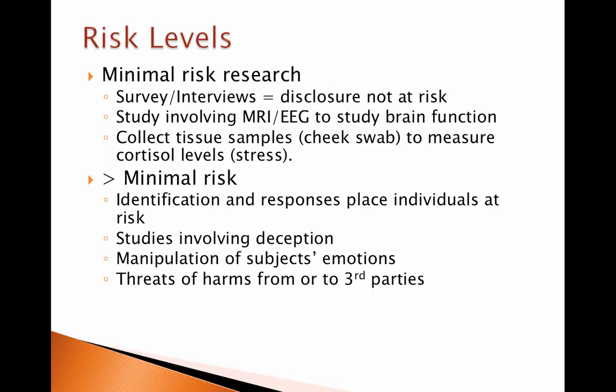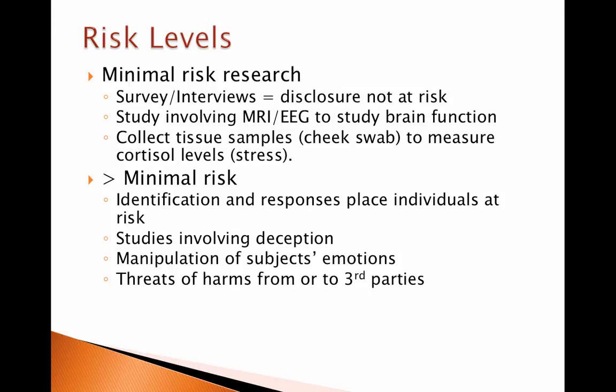Examples of minimal risk research include surveys and interviews in which any disclosure does not put the participants at risk, studies involving MRIs and EEG to study brain functions, and the collection of tissue samples, for example from the cheek, to measure cortisol levels as indicators of stress.